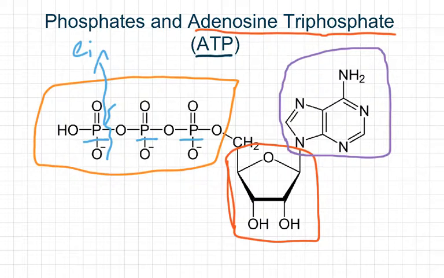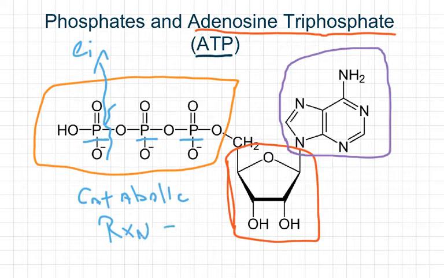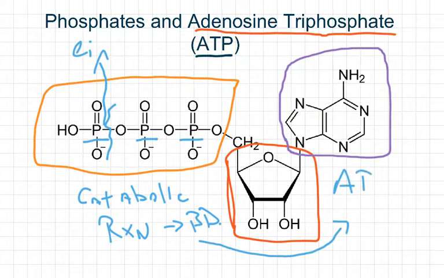And as we discussed before in the first video, this type of reaction is what we call a catabolic reaction. We call it this because, again, we are breaking down the ATP to release energy. And at this point, when ATP is broken down, it becomes ADP, which is short for adenosine diphosphate, because at this point, we've only got two phosphate groups left on the whole molecule.